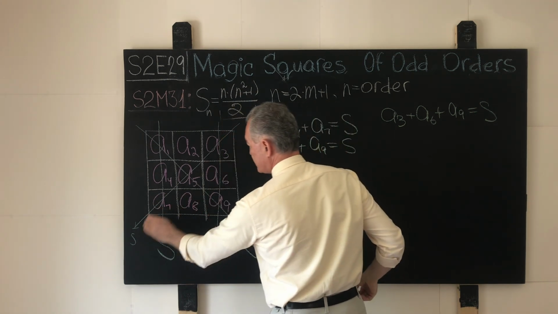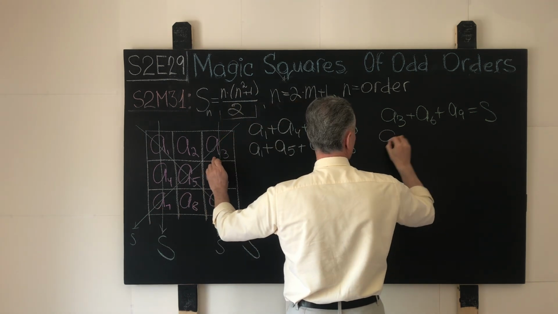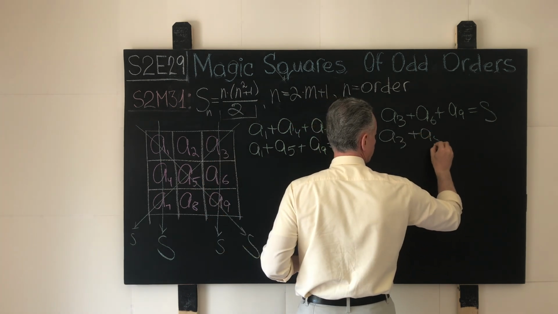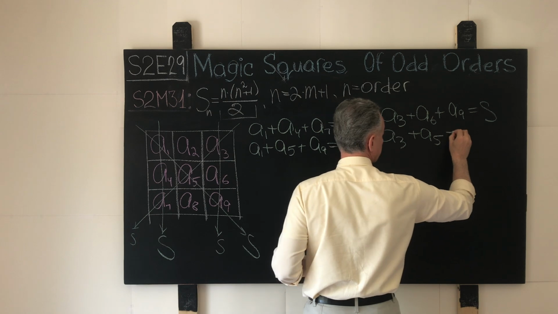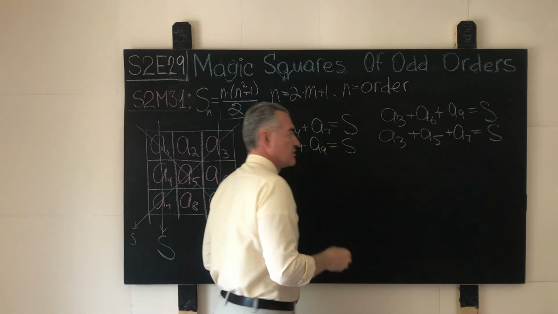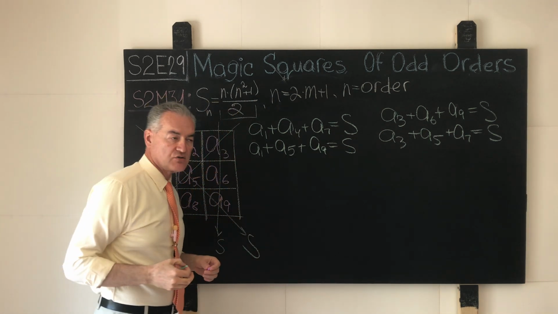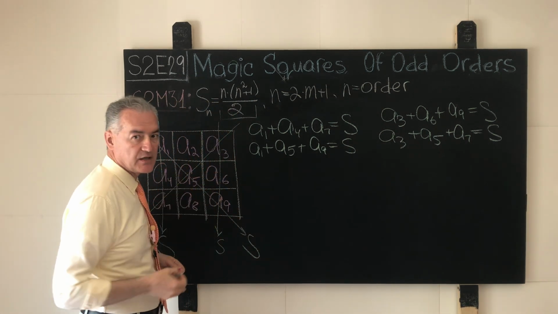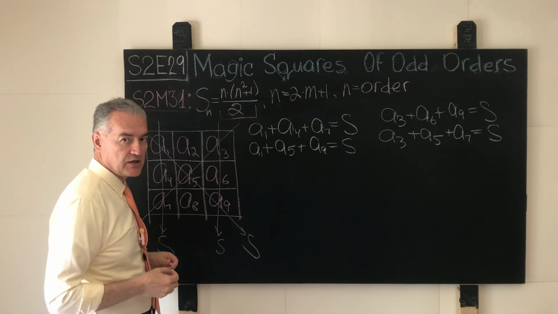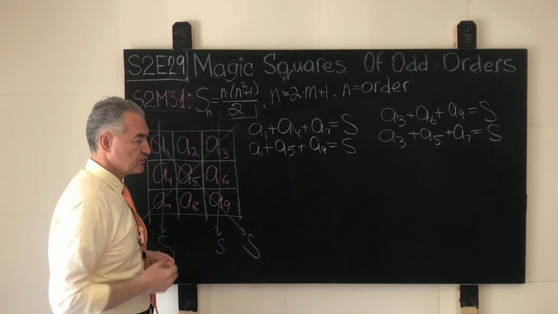And then for the secondary diagonal, we have A3 plus A5 plus A7 is also S. There's nothing outlandish or controversial over here. We simply spelled out several of the conditions that make a numeric square a magic square.